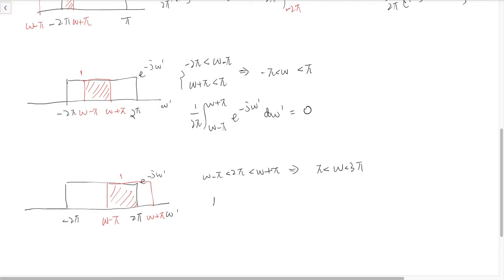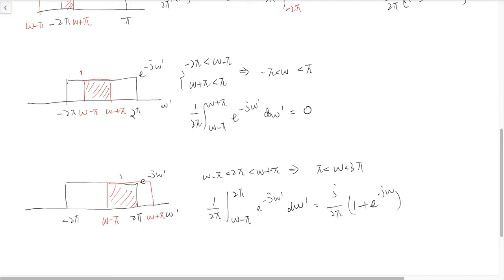And we do the same integral here. The overlap would be omega minus pi to 2 pi of e to the negative j omega prime, and then we were able to find the answer.